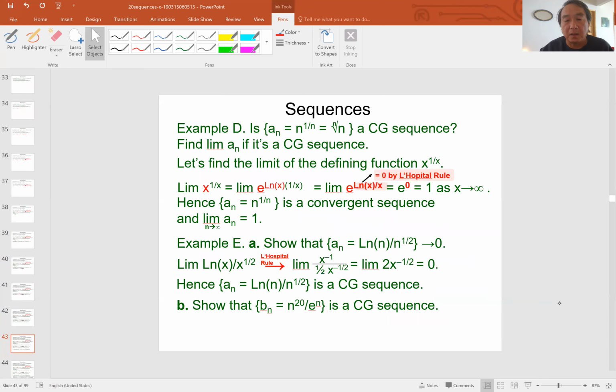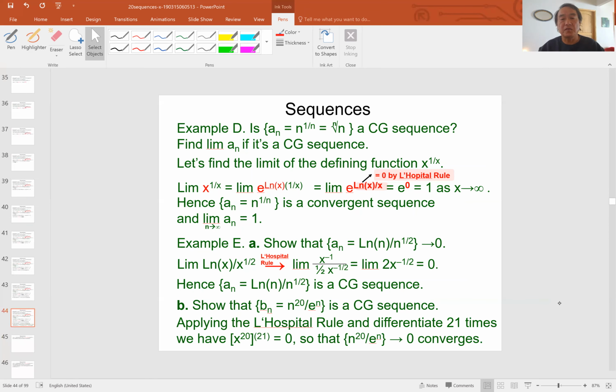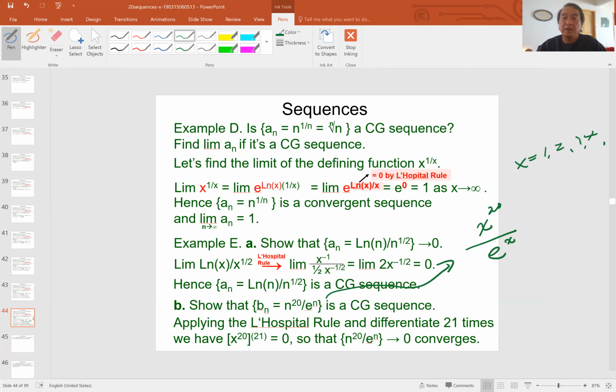And how about power functions versus the exponential e^n? Again, with L'Hopital's rule, if you associate this to the function x^20 and e^x, and then you put x to be the integers 1, 2, 3, 4, and so on, both go to infinity.